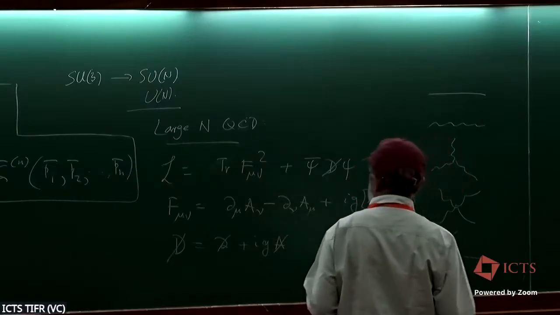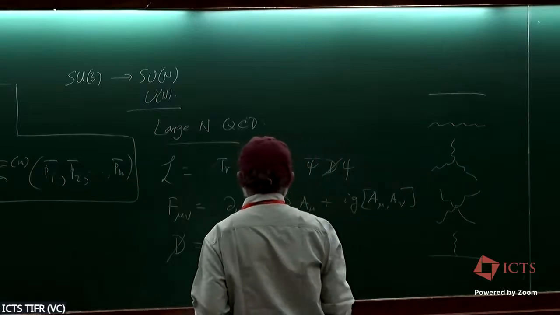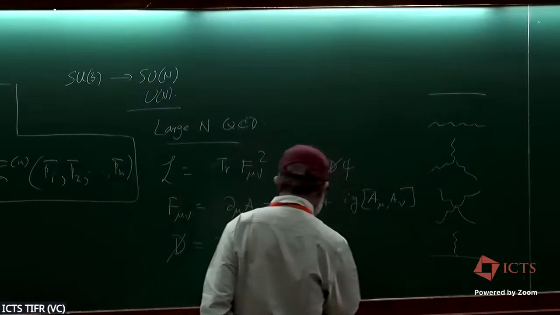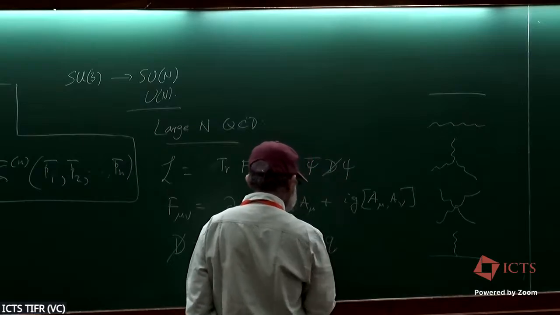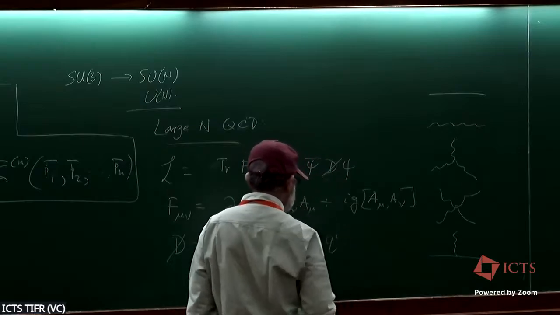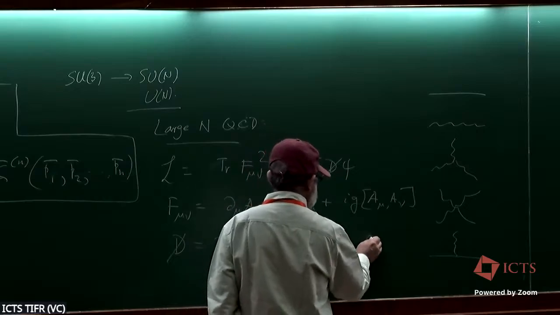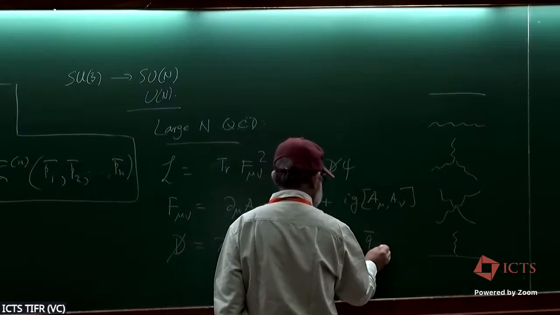These quarks are meant to be fundamentals, so I'm going to use the following notation. Although I have used psi here, following Witten's paper, I'm going to write a quark like this and an antiquark like this.